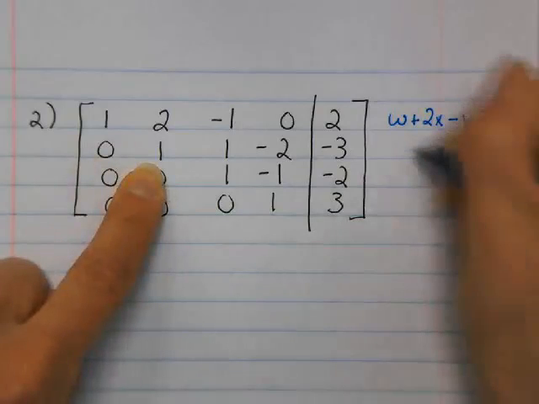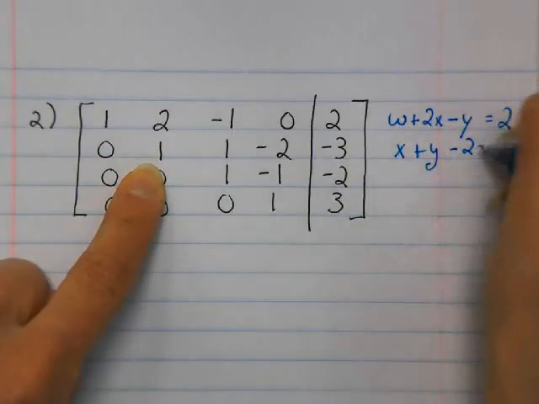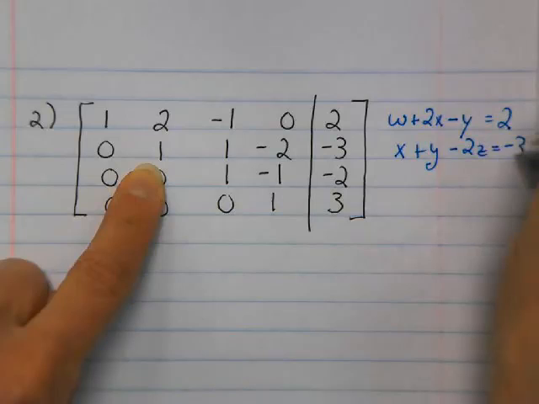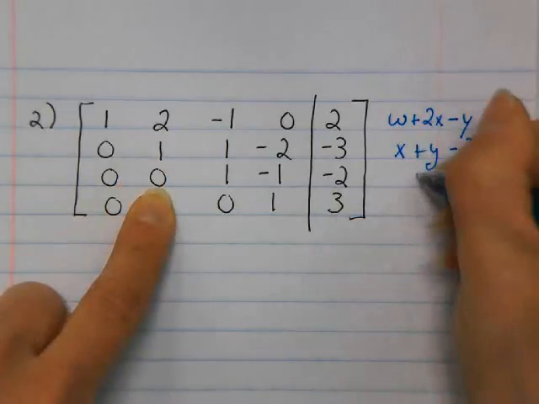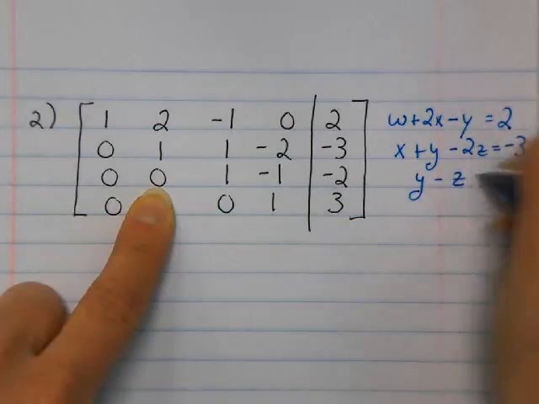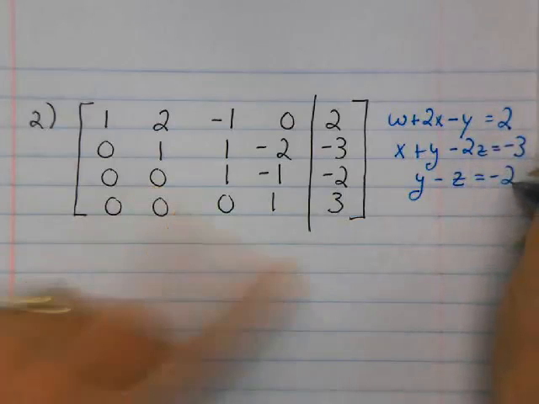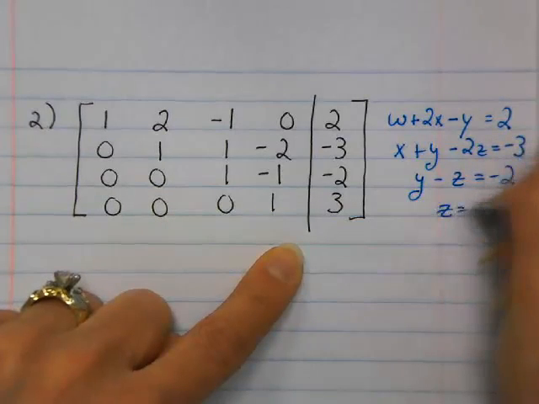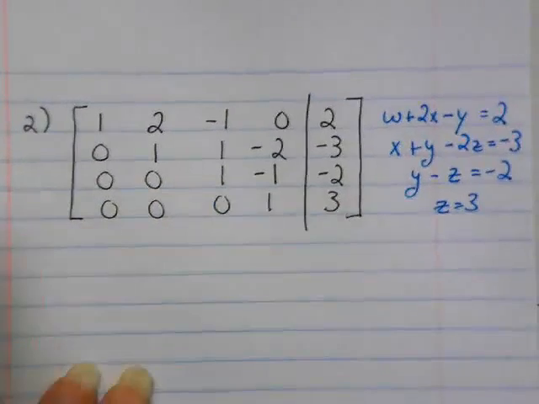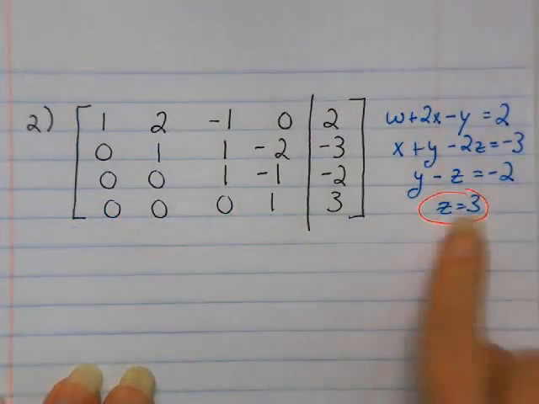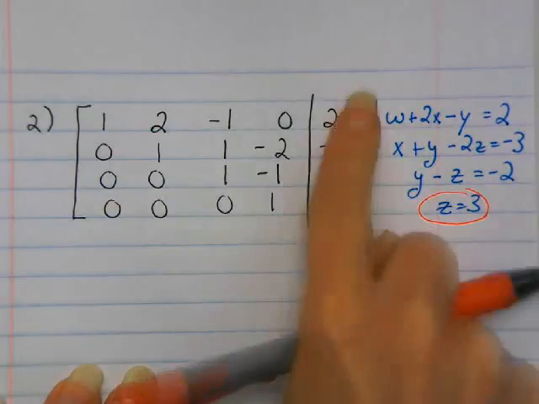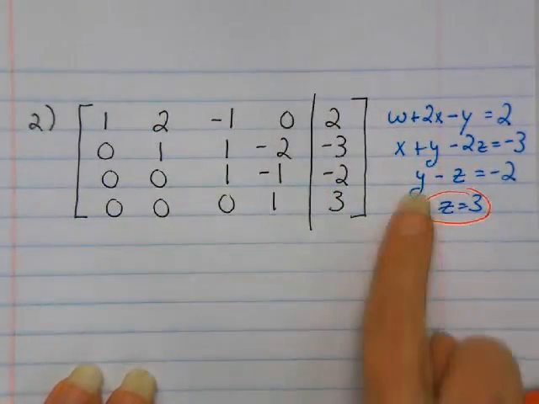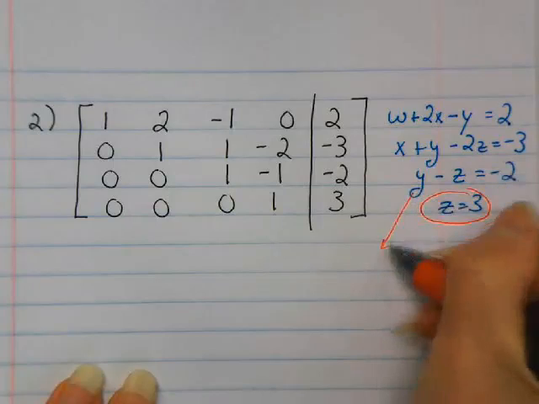This row is X plus Y minus 2Z equals negative 3. This row is Y minus Z equals negative 2. And my last row is Z equals 3. So again, I know what Z is. Now I just keep working my way up each time.